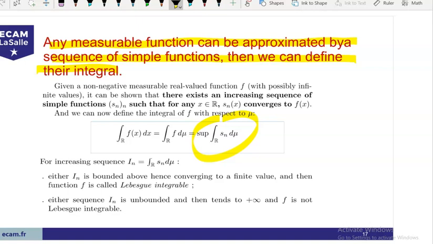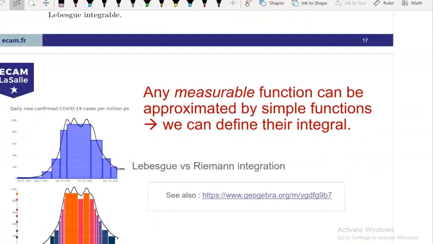Either this is converging and then the integral of this function is converging, or if it's not converging, then it's not going to be called a Lebesgue integral.